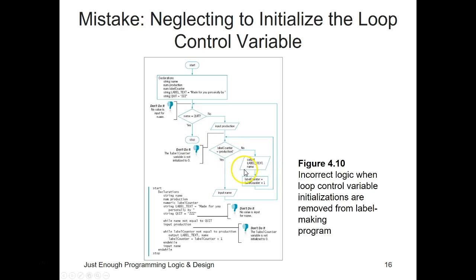We also have a couple of other issues with this one. No value is input for that name. So we never get a value at the beginning. We don't initialize this label counter. Label counter is a value we use in here. We don't know unless we initialize it and say specifically, this value we set to 0 at the beginning of that loop.